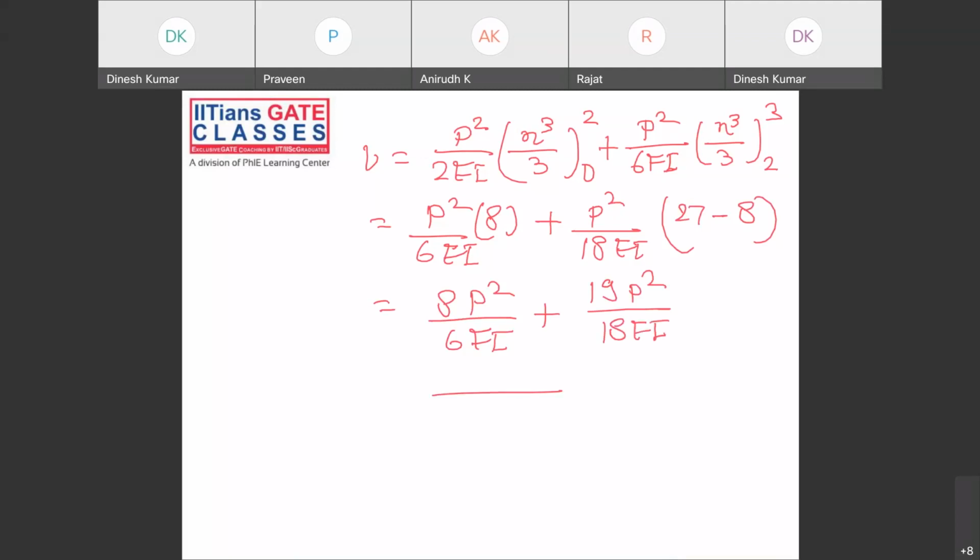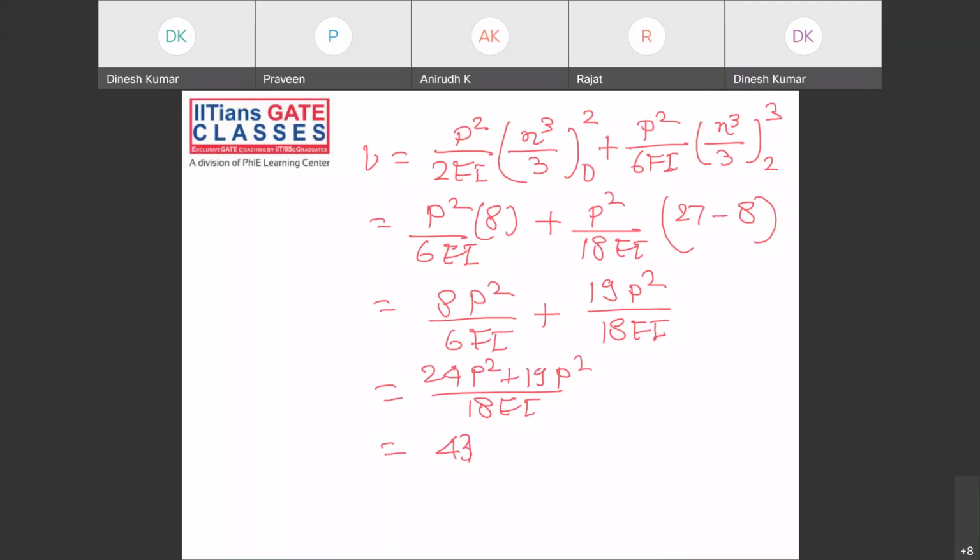Now take the LCM, 18EI, so 3. So 24P square plus 19P square. What do we get? 43.